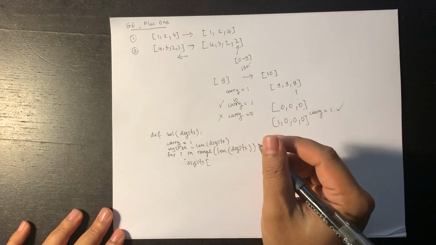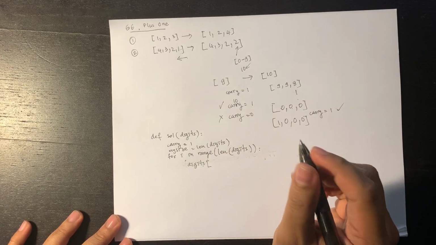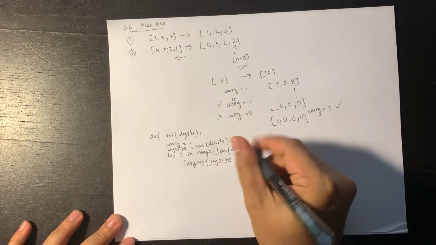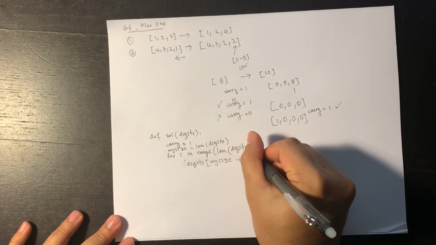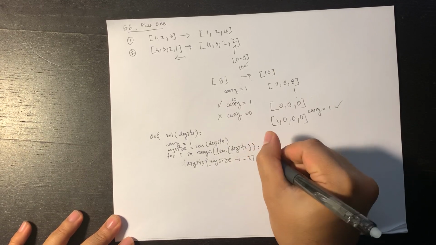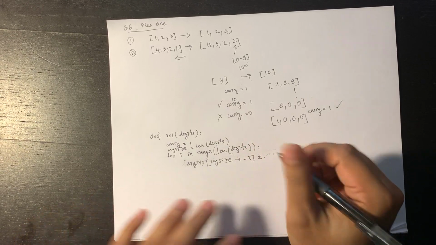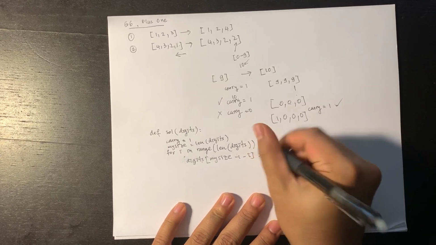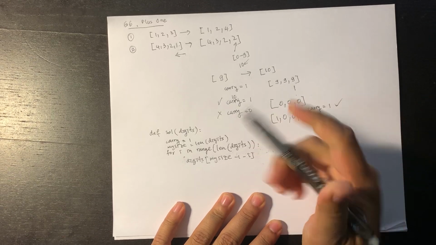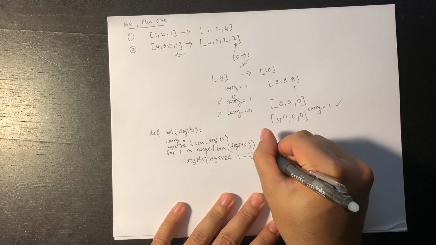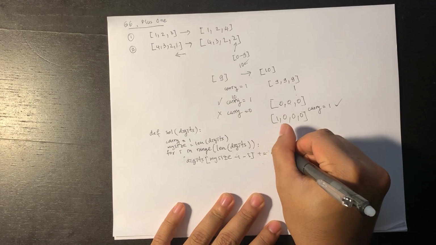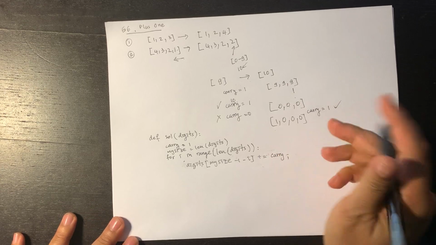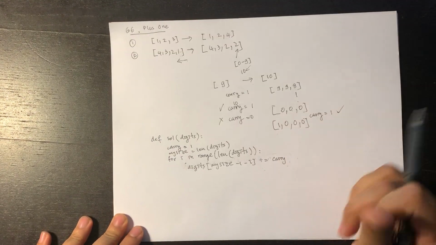So same idea, digits at my size minus 1 minus i plus equal carry. It's Python, so you don't need to do this.